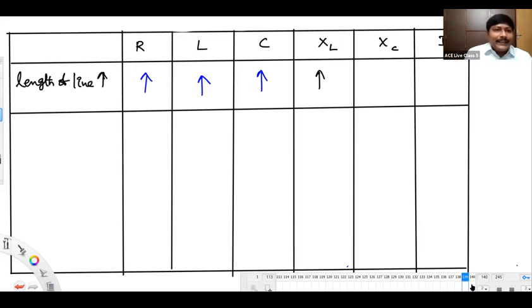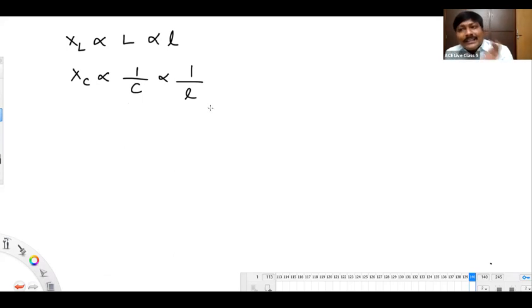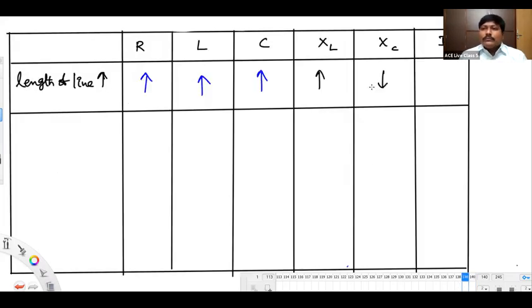What will happen to XC? XC is proportional to 1 by capacitance, and capacitance is proportional to length. So if length is increasing, capacitance is increasing, and XC value will fall down.